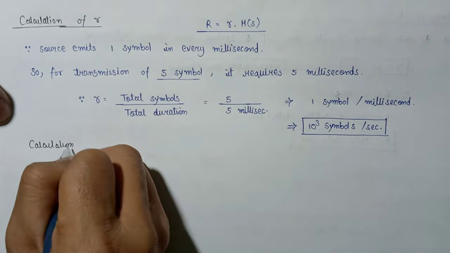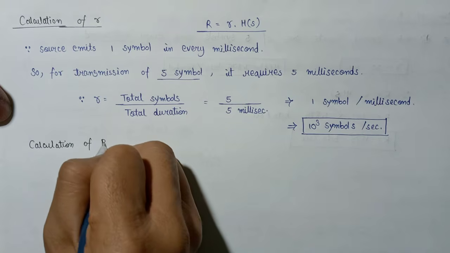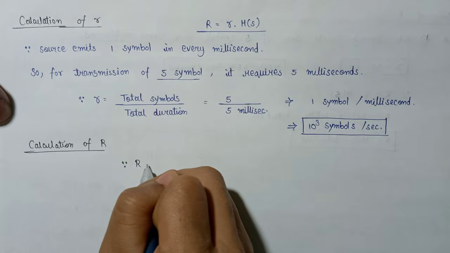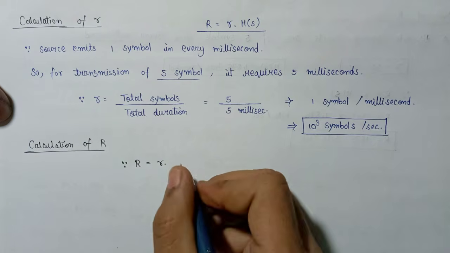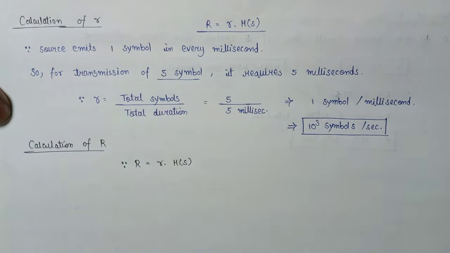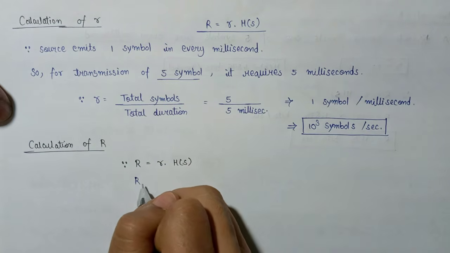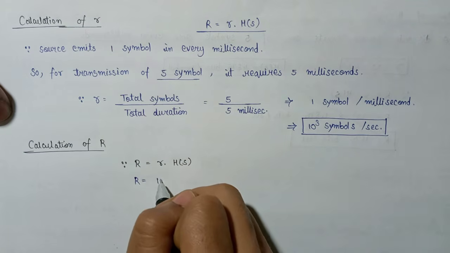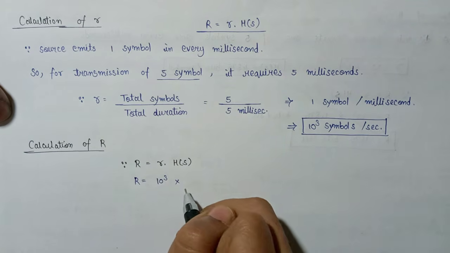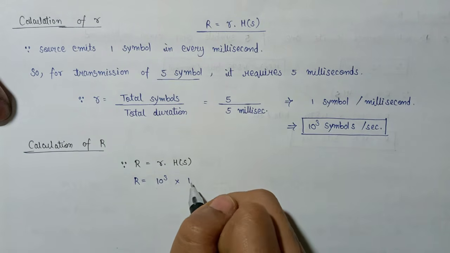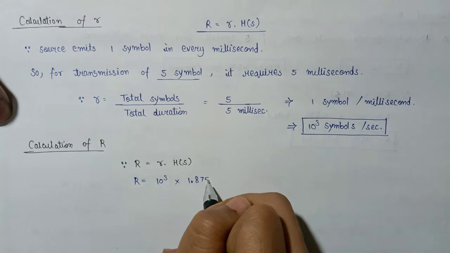Calculation of capital R: since capital R is the product of small r and H of S, its value is 10^3 multiplied by 1.875.